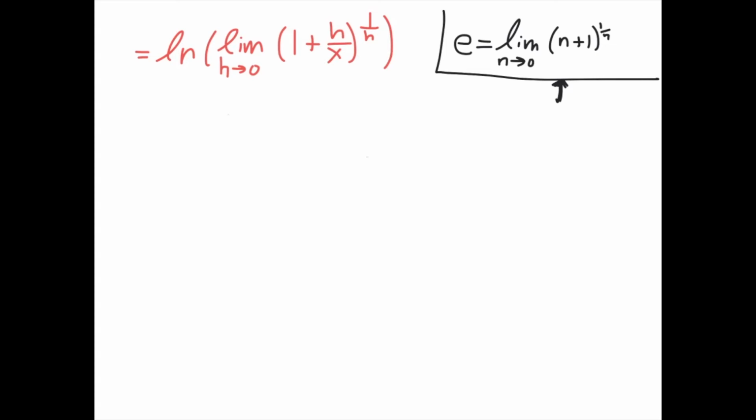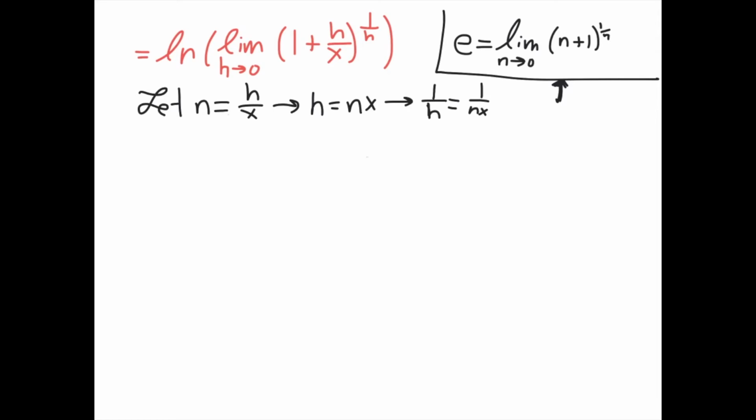If we say let n equal h over x, then what's that going to mean for h? If we multiply by x on both sides, we get h equals n times x. So that would mean that 1 over h would equal 1 over nx.